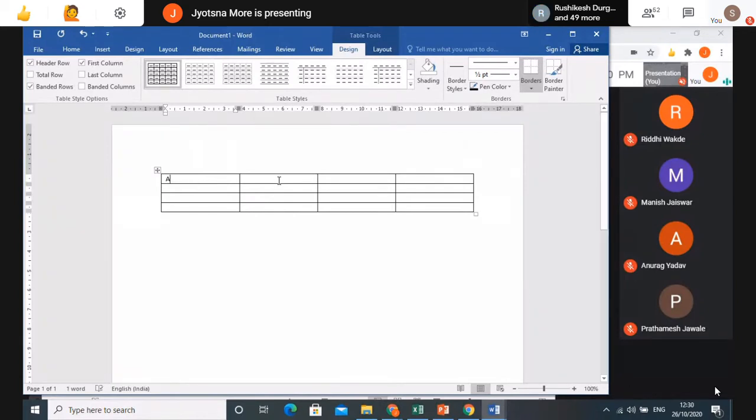A is one of the attributes, B is another attribute, C is another attribute, D is another attribute. I don't have the alpha symbol right now, and I don't want to go for that. This is my tuple, known as P1. I'll take three tuples only. This is P1, this is P2, this is P3. This is tuple number 1, tuple number 2, and tuple number 3.